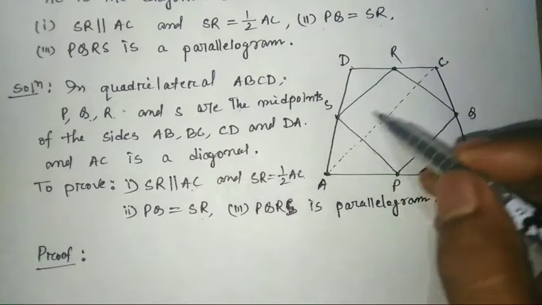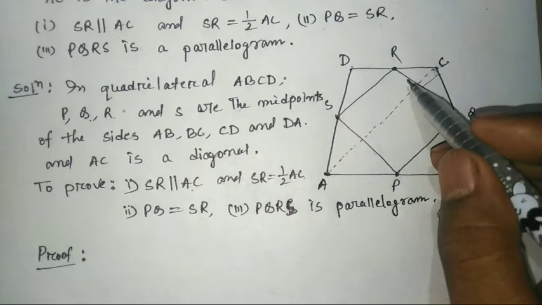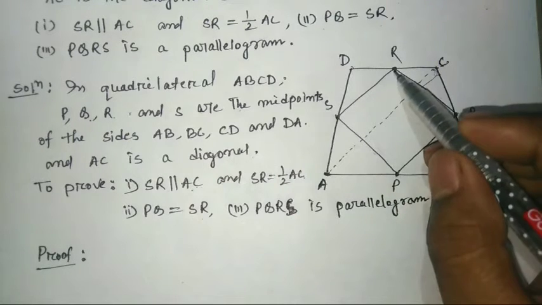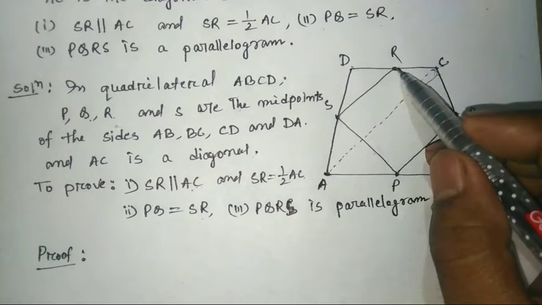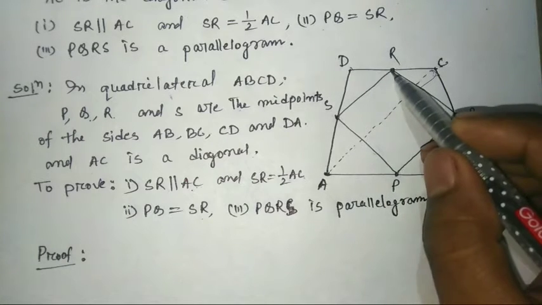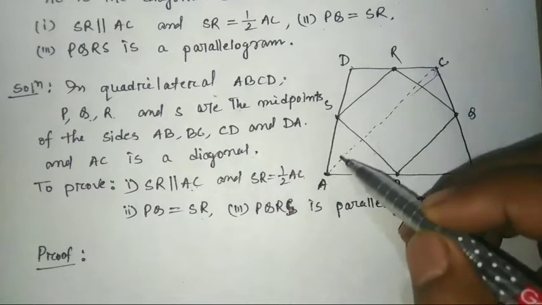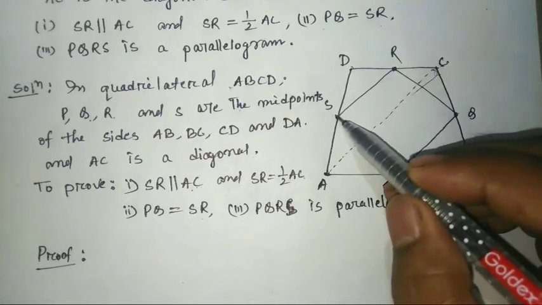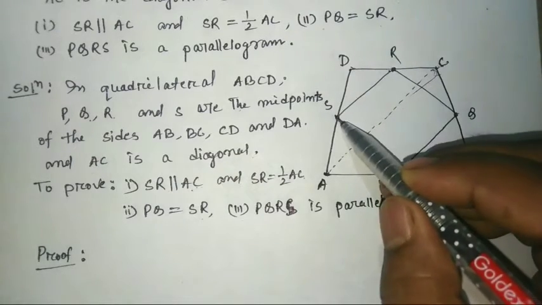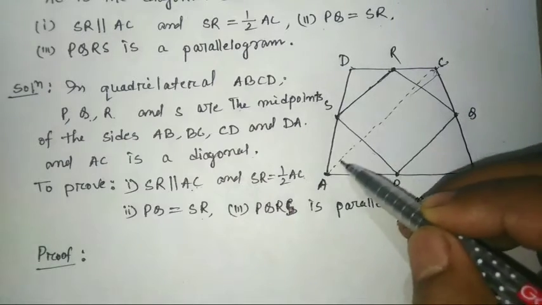And in theorem 8.9 we got that the line segment joining the midpoints of two sides of a triangle is parallel to the third side. That means in triangle ADC, S is the midpoint of AD and R is the midpoint of DC. So this is the line segment joining the midpoints, so this will be parallel to AC.